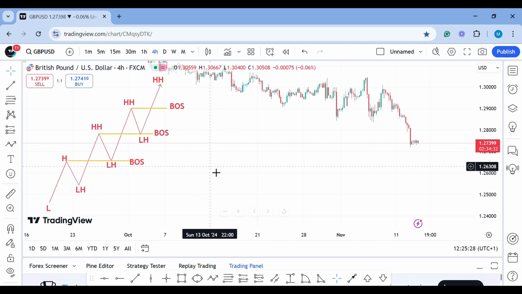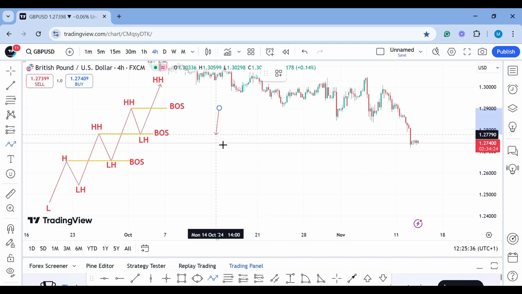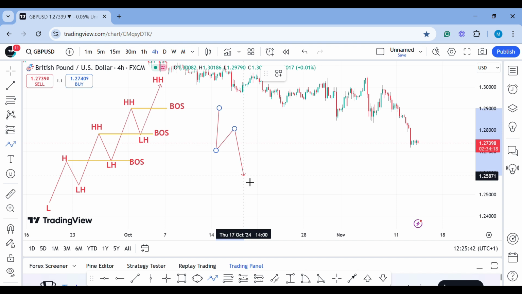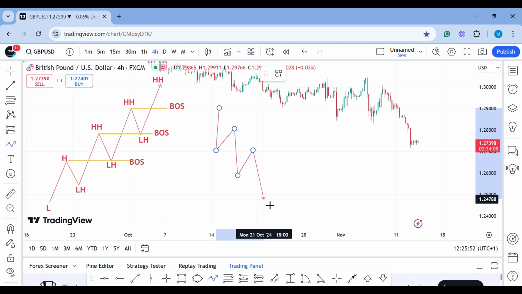Now on a downtrend, this is what you see. Create a high, give you a low, then a higher low, then give you a lower low.